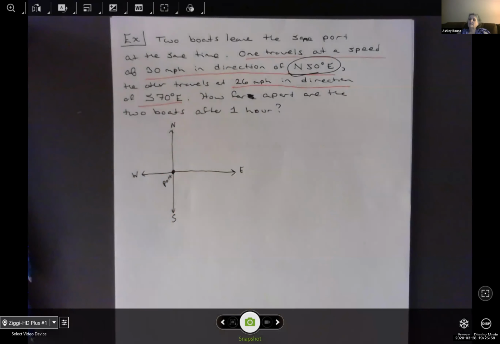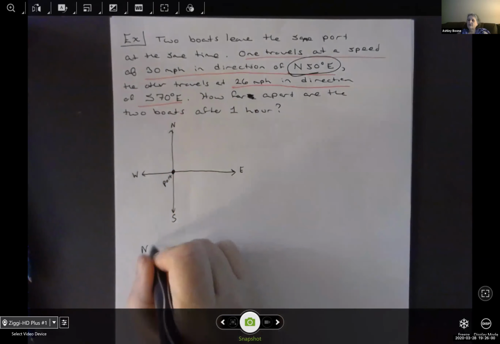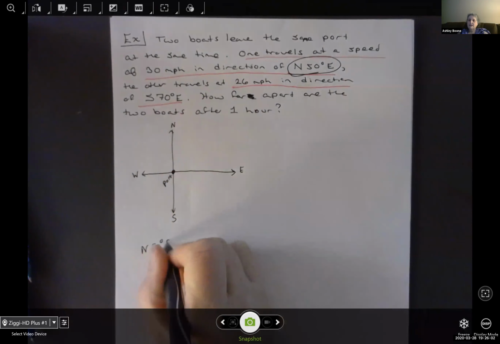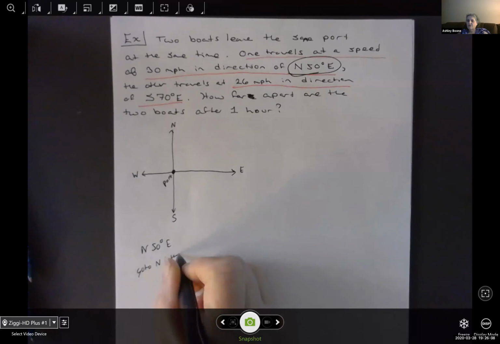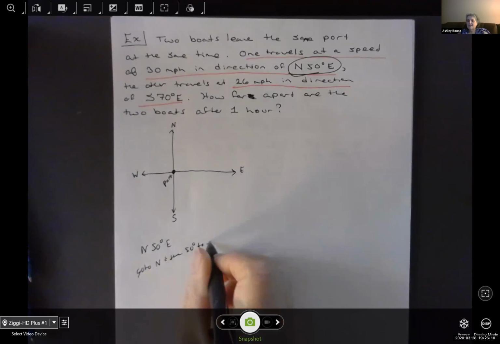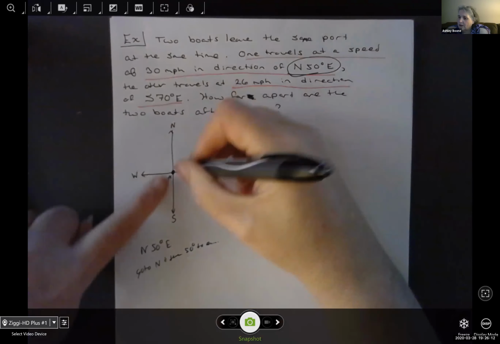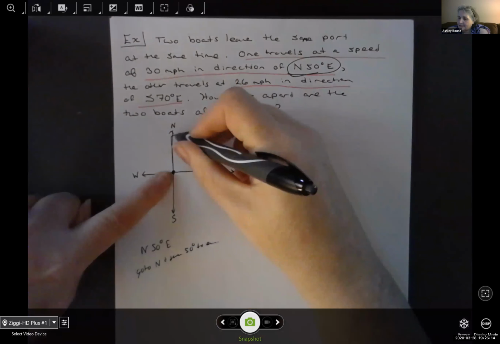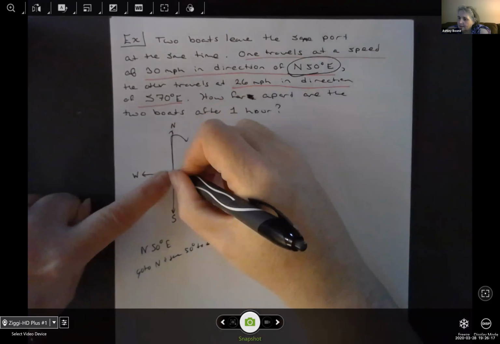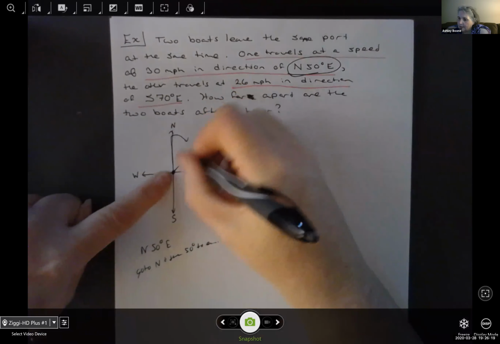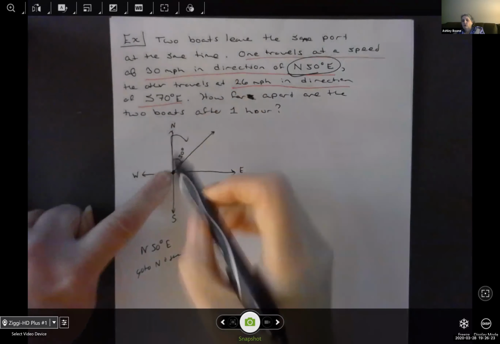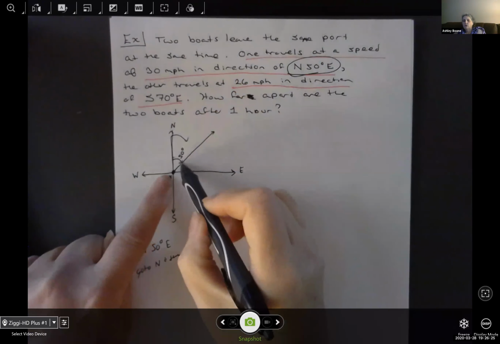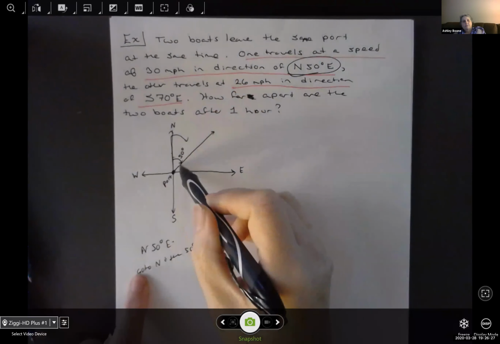What that means, north 50 degrees east, means that if you go to the north and then 50 degrees to the east, that's going to get your angle. So you're going northeast by 50 degrees, okay? So north to the east, you're going north to the east by 50 degrees.